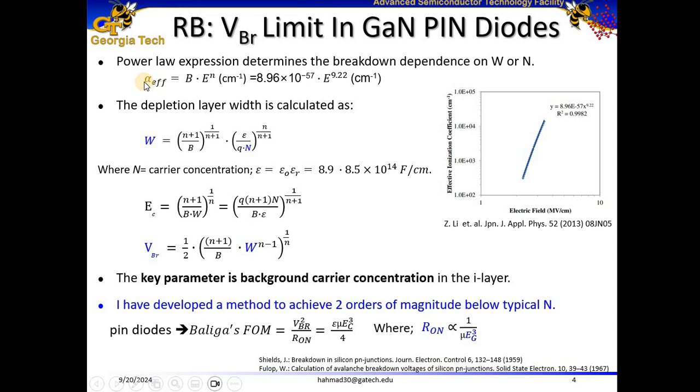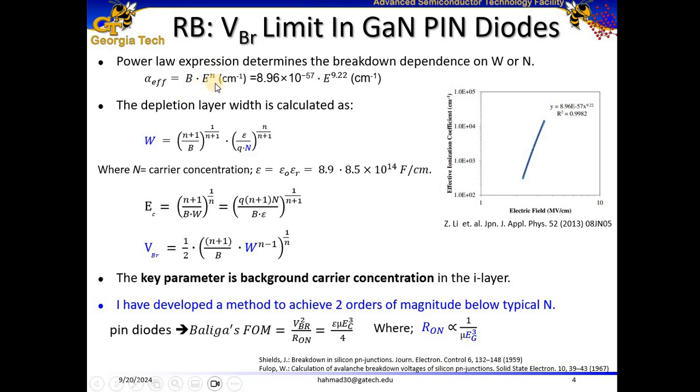The derivation of these equations is really extensive, but I have just listed the most important equations here, where alpha effective is the effective ionization coefficient for electrons and holes. E over here is the critical electric field.